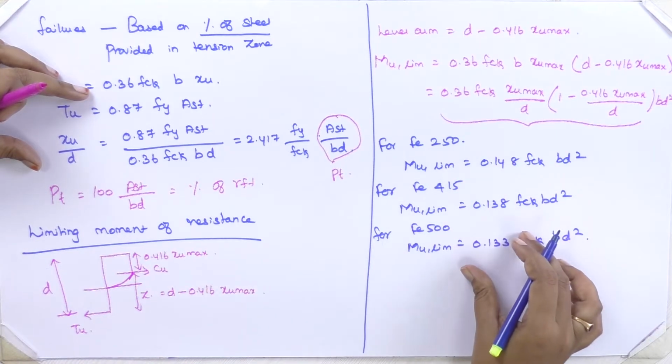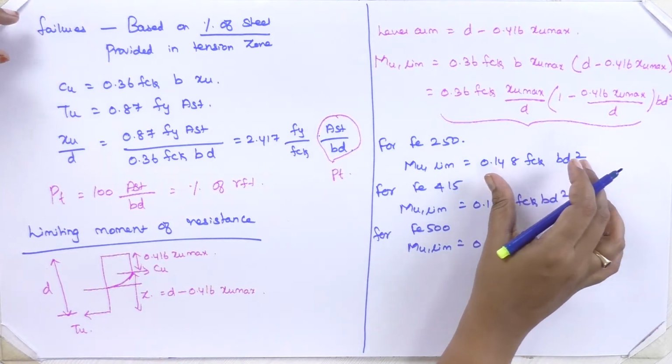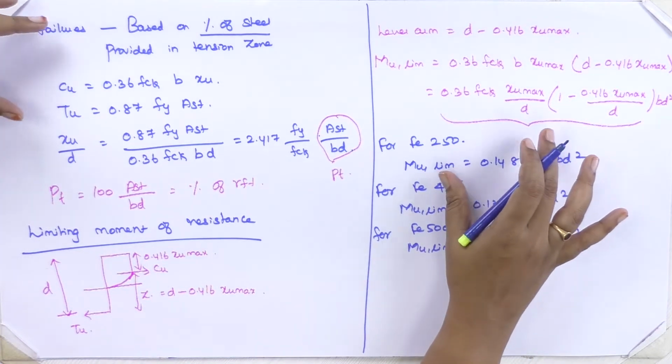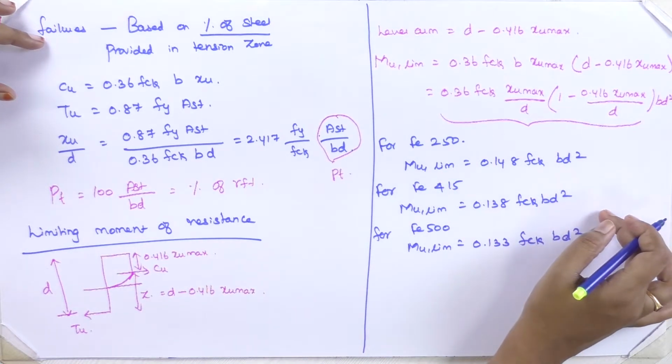These are some of the limiting values we need to calculate to check whether our section is under reinforced or over reinforced.